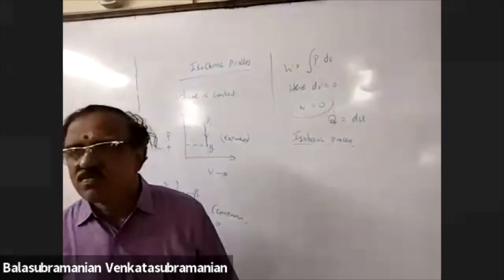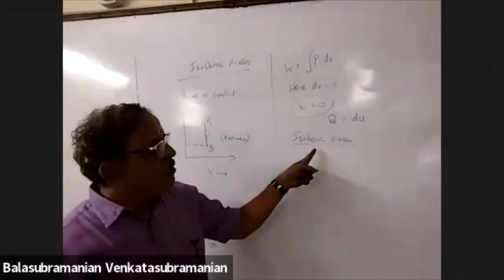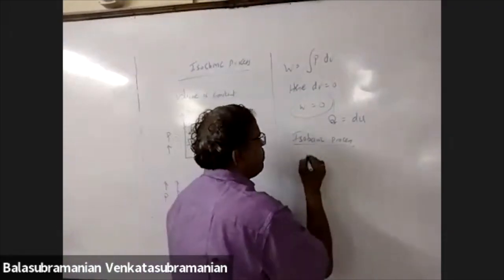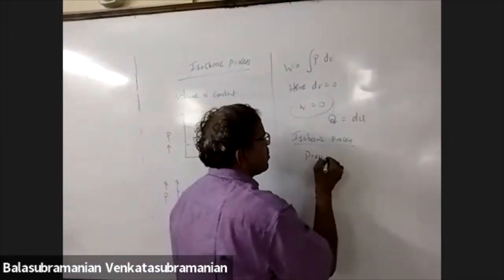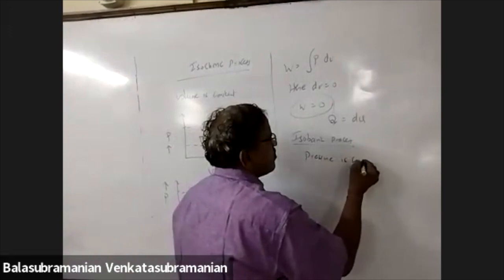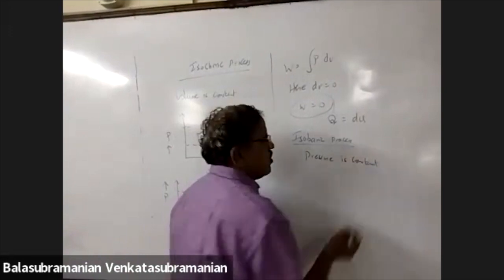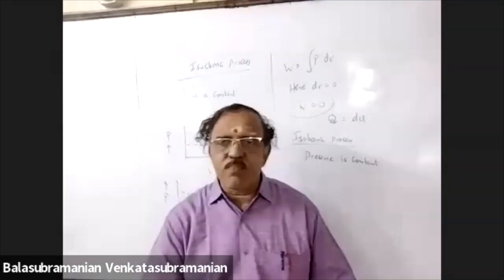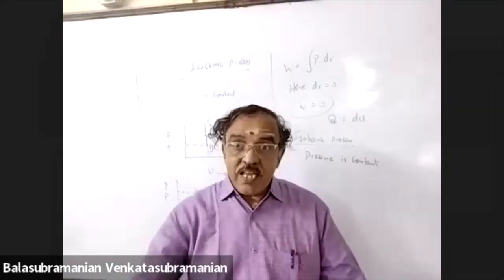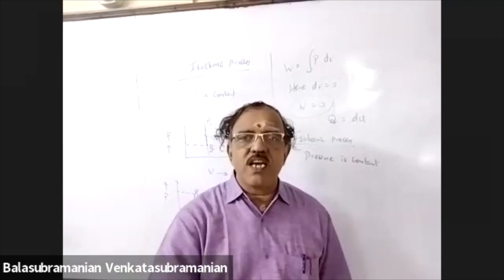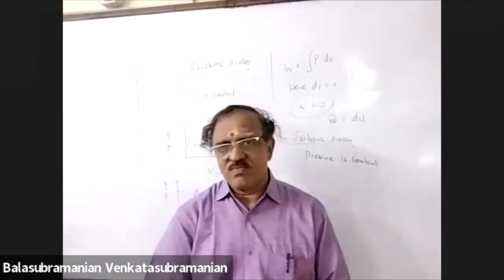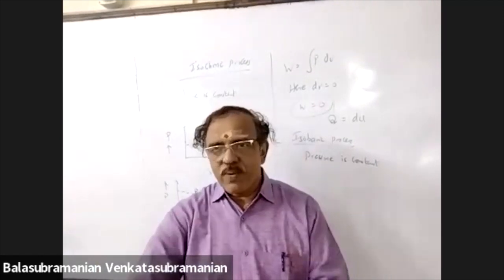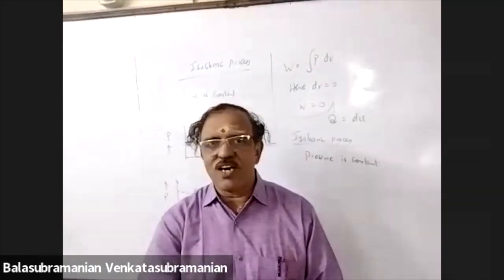Next, isobaric process. Isobaric process means pressure is constant. Volume changes, but pressure is constant. What example can we give? Any kitchen appliance when you are working with open lid, sambar, rasam and all you are making.